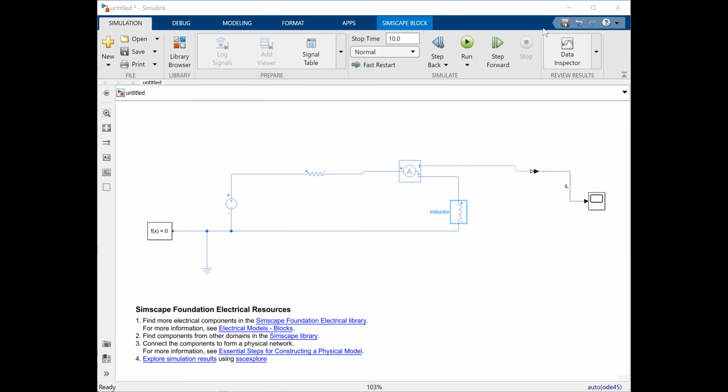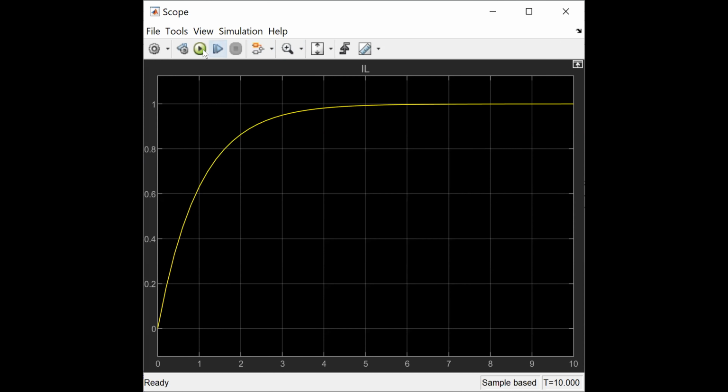All right, so let us switch to this. So now the time constant, tau, is equal to 0.5 seconds. So now you can see the inductor current reaches 1 ampere in 2.5 seconds. That's equal to 5 tau for this circuit when R is equal to 1 and L is equal to 0.5.